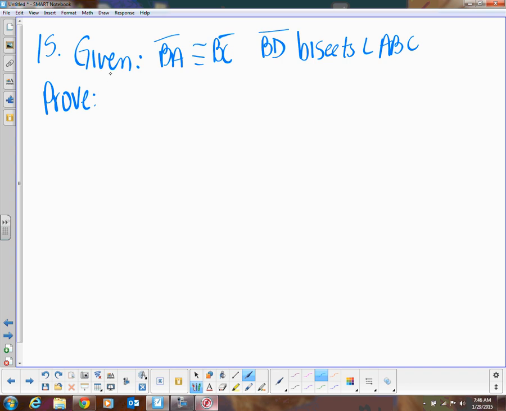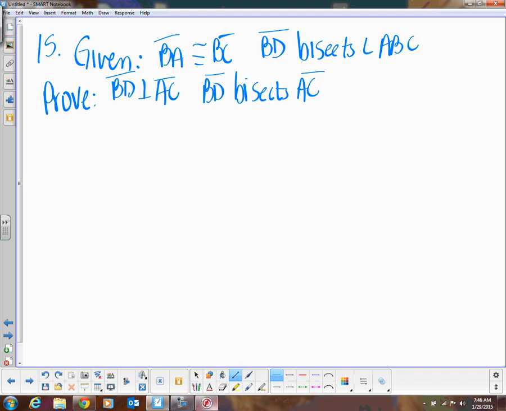That BD is perpendicular to AC, and that BD bisects, they've really stepped this one up, AC. All right, and our picture looks like this.